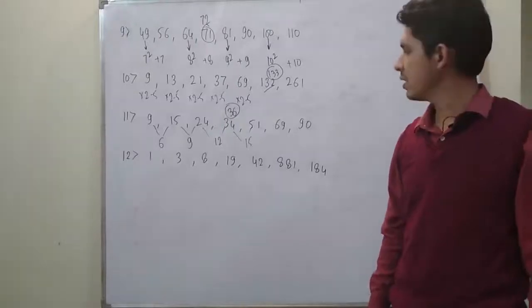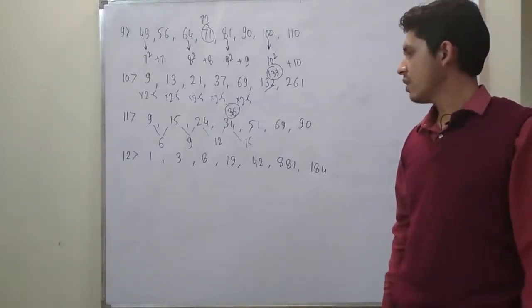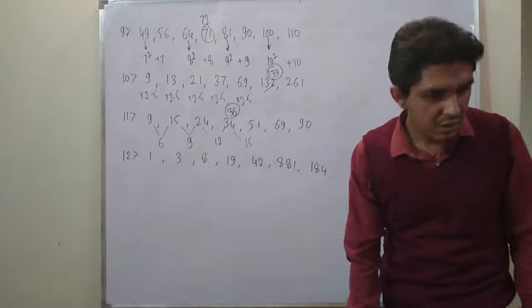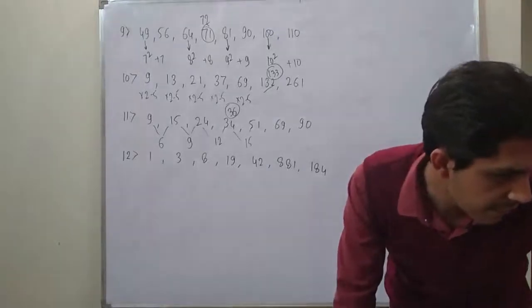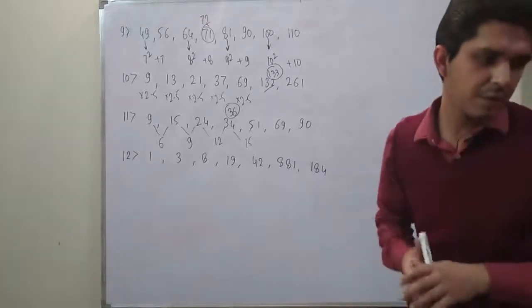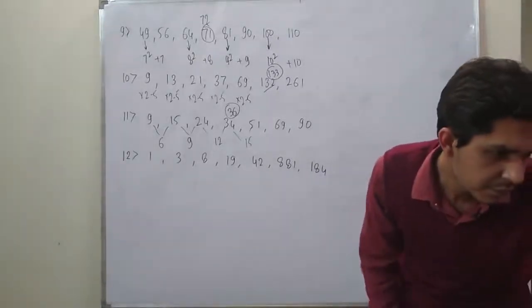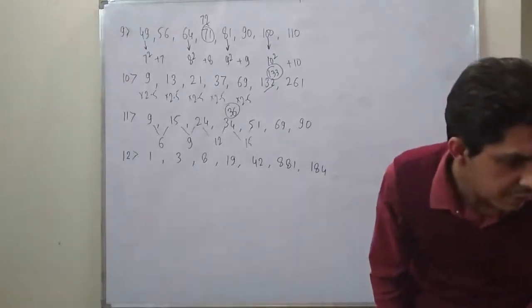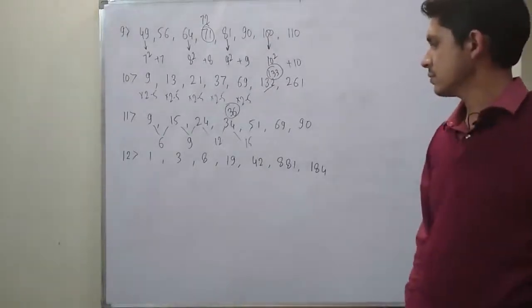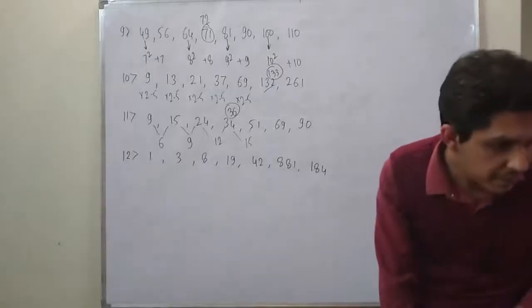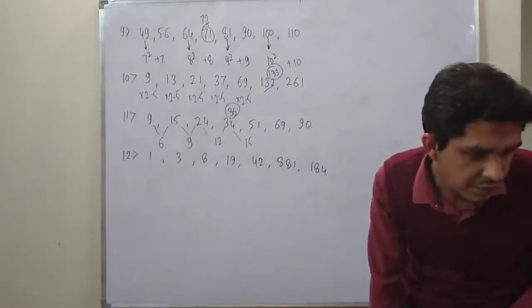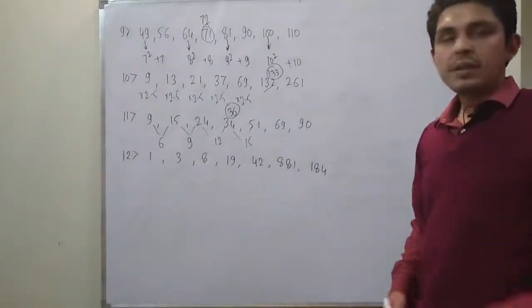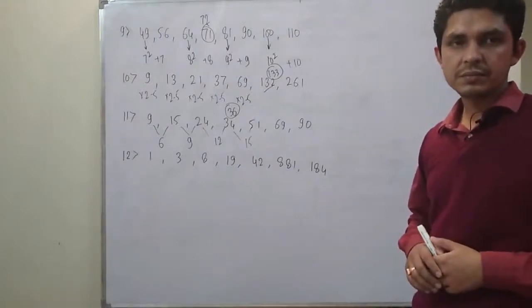Right? Okay, coming to the next question. Question number 12. 1, 3, 8, 19, 42, 88 and 184. Any answer?